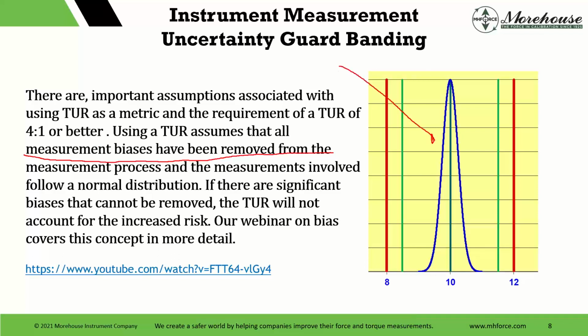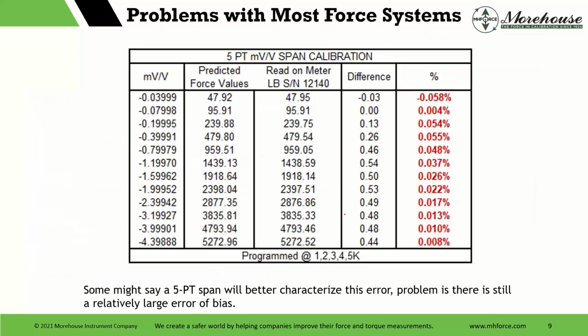They all assume this process is centered and that you've corrected known biases. NCSLI RP 18 addresses this. That was made in 2014, even before the new standard came out. And if there are scenarios where biases cannot be removed, the TUR will not account for the increased risk, and that's where the webinar and bias comes into play.